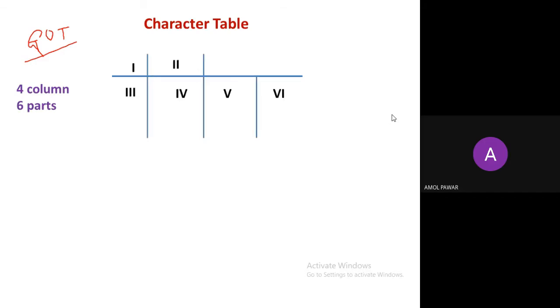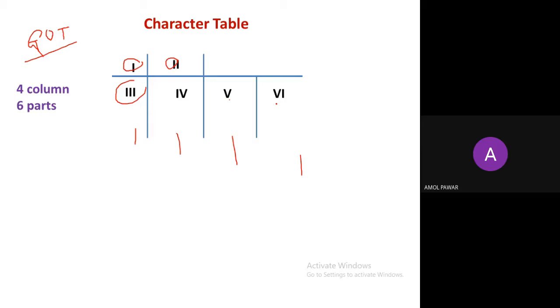So here you can see 4 columns: column 1, 2, 3, and 4. And there are 6 parts: part 1, part 2, part 3, 4, 5, and 6.